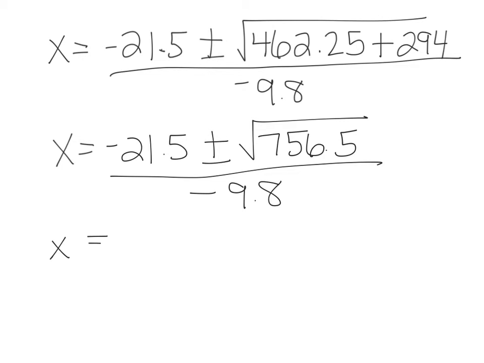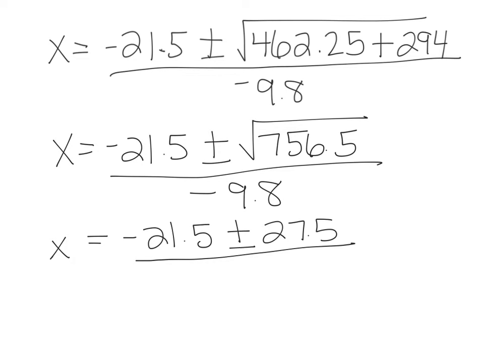And when I square root 756.5, I get approximately 27.5. So I'm going to add plus or minus 27.5 divided by negative 9.8.